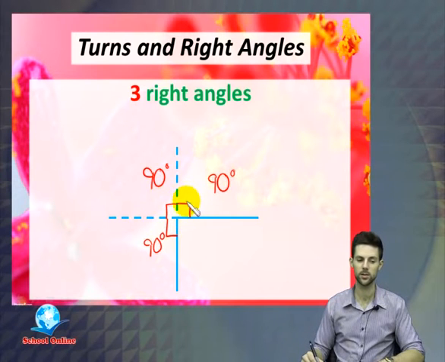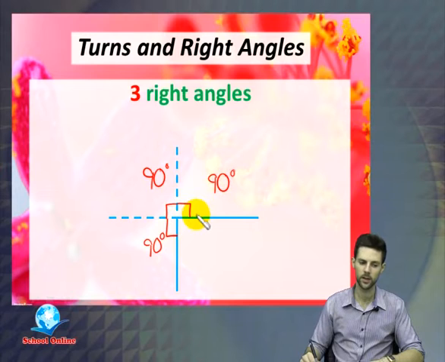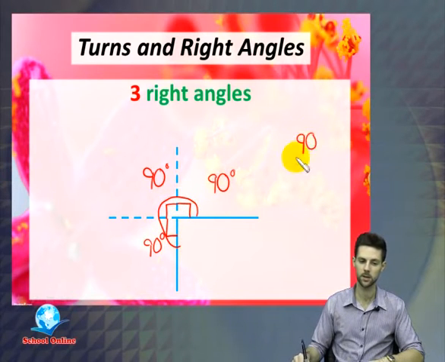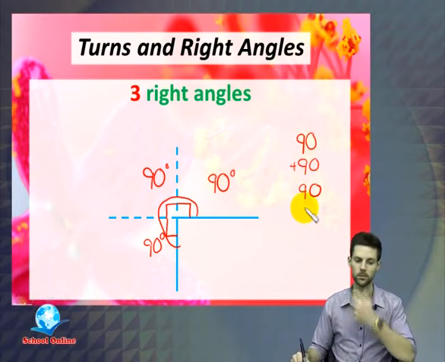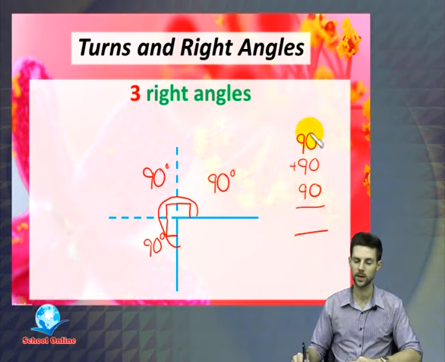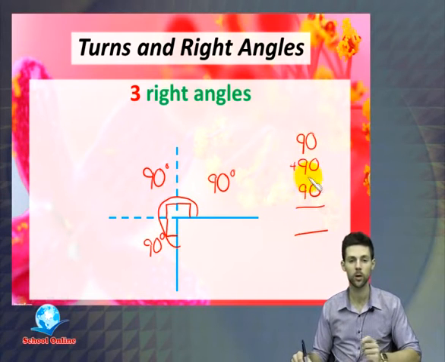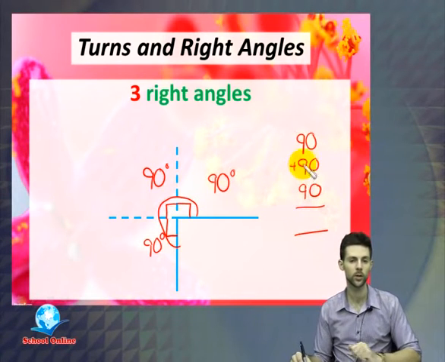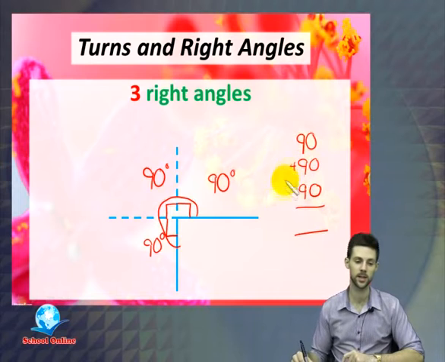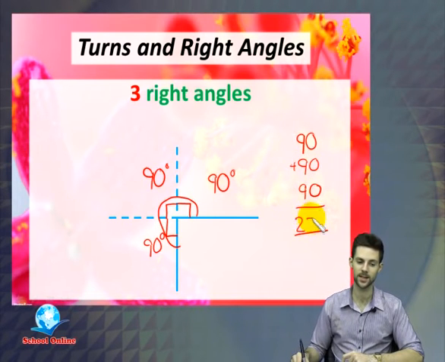So three right angles. What is the size of this angle? Well, to work it out, we have 90 degrees plus 90 degrees plus 90 degrees. So the answer, 90 plus 90 is 180. 180 plus 90 is 270.